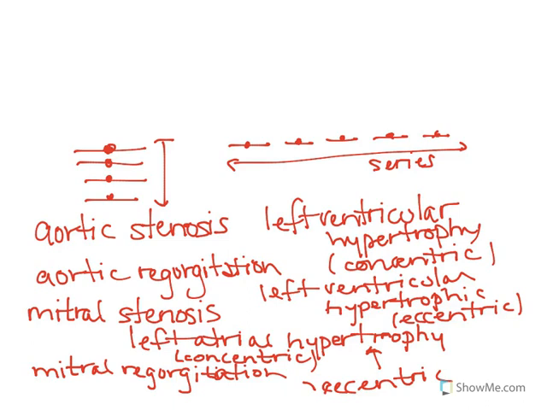Now, over time, when you're adding more sarcomeres or protein synthesis, you have to increase capillarity. You need blood. You need oxygen to that tissue. That doesn't take place as quickly as this. And so what can end up happening is potentially you could end up having ischemia, not getting a sufficient amount of blood flow to that heart muscle.